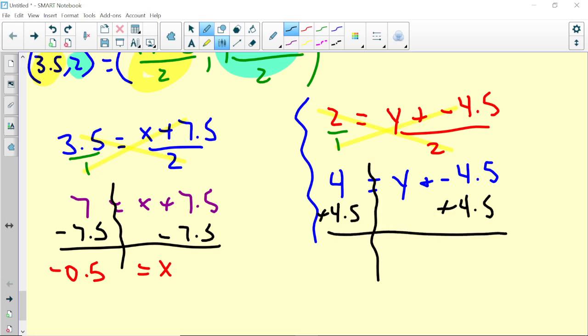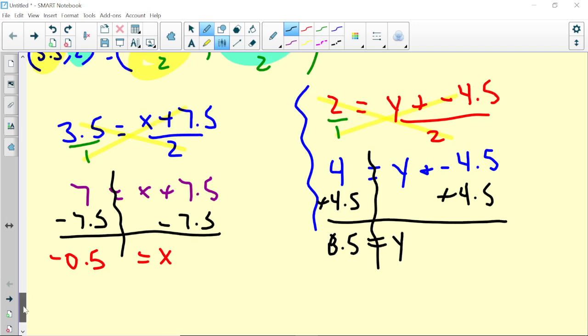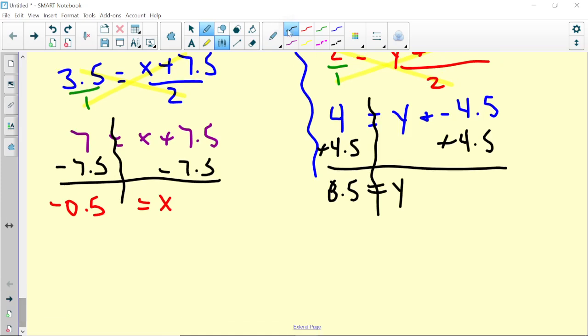And 4 plus 4.5 is 8.5. So my coordinates for that endpoint Q, put my final answer as a coordinate in coordinate form. Negative 0.5, comma 8.5.